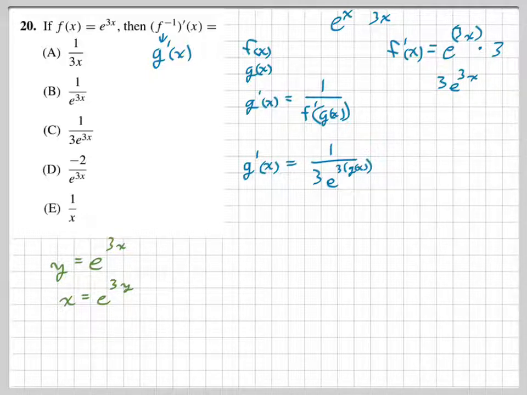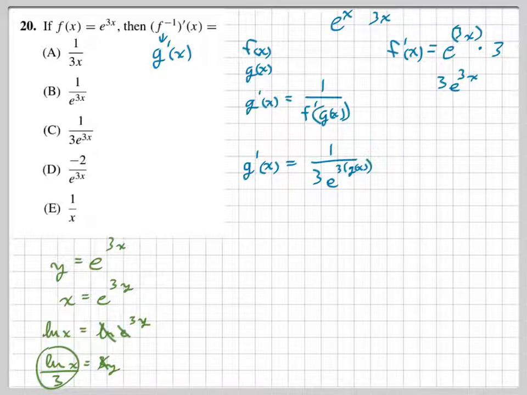To solve for y, we first natural log both sides, because if we natural log an e, that gets rid of the e, since they're inverse functions of each other. So natural log of x equals 3y. Then to get the y alone, I divide both sides by 3. What we just found is g.